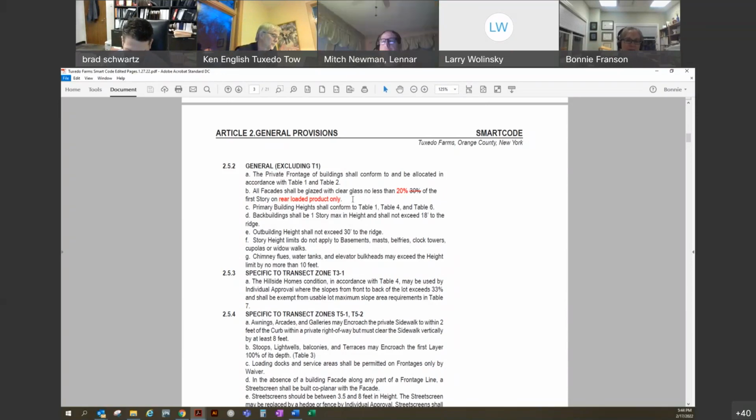When you have the garage in the front, you minimize the opportunity for the glass.